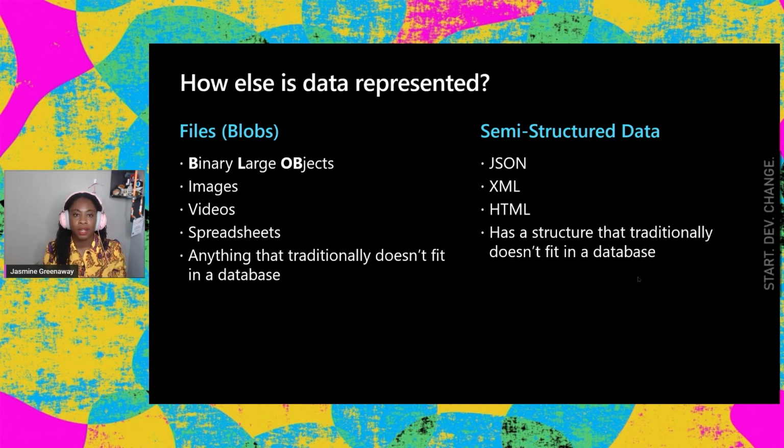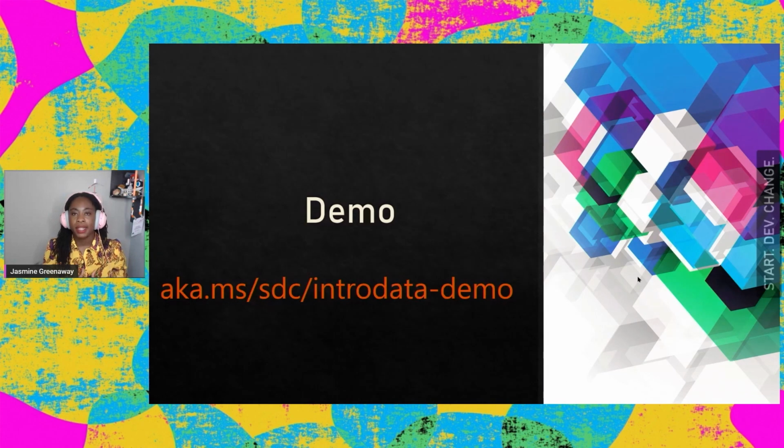Now we're going to continue on to the next slide, and this is going to be the demo. This demo is going to be a guest book. For those of you who might not know what a guest book is, if you've ever been to anything like a wedding or an event, or even stayed at a bed and breakfast or a hotel or even Airbnb, usually there'll be a guest book around.